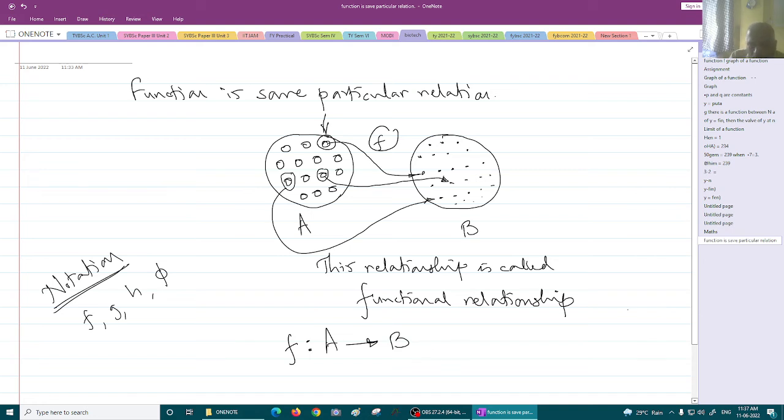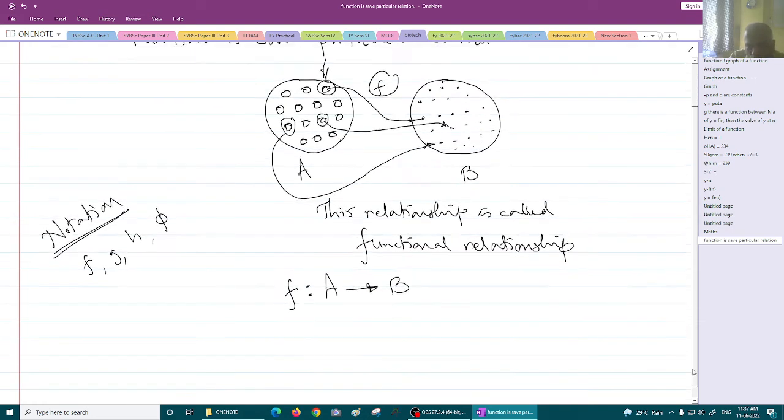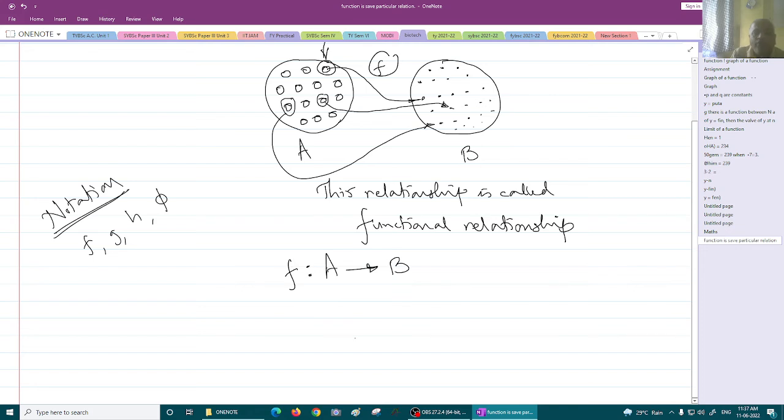Now some of you might have this kind of doubt also. Okay, agreed. Now can we just reverse the things? For example, suppose I consider B over here and A over here. B contains all possible names. There are thousands and thousands of names because all over the world we are considering every possible name.